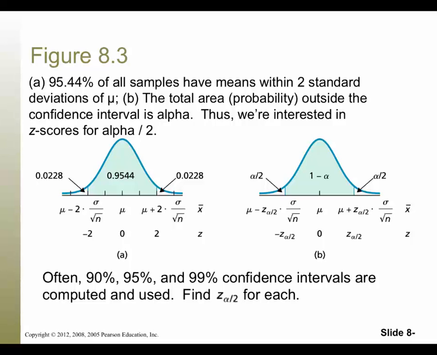But then we said we could also develop a confidence interval around that point estimate. Remember we talked about confidence intervals of 90, 95%, and 99%. Let's review, what did we get for z-scores for those? For 90%, plus or minus 1.645 standard deviations.